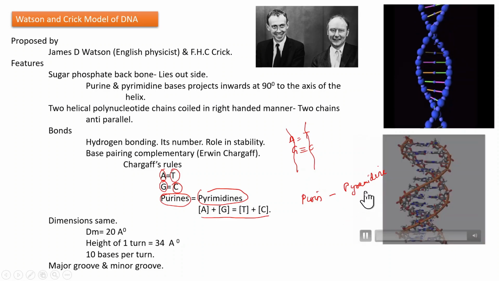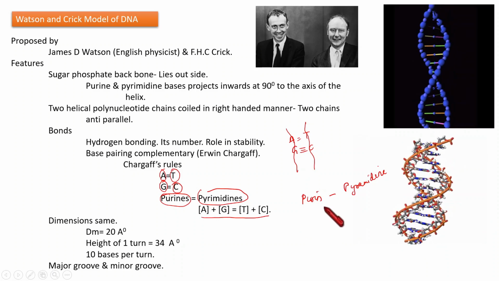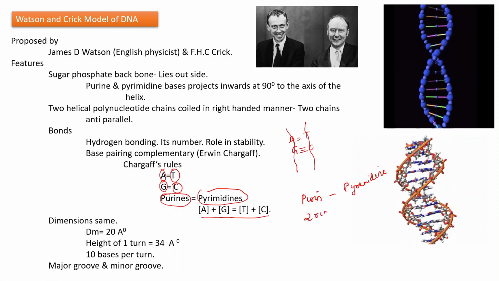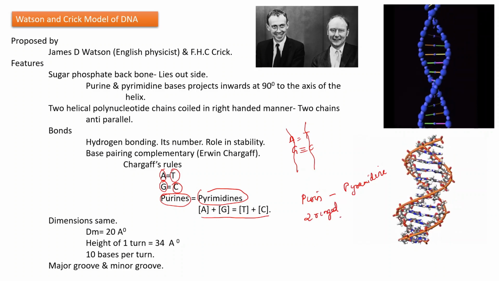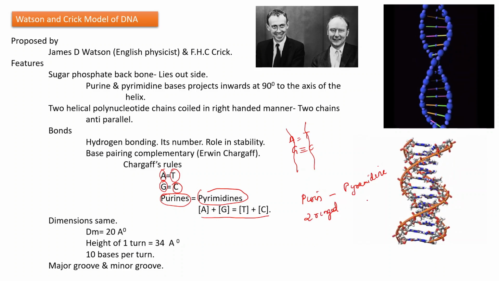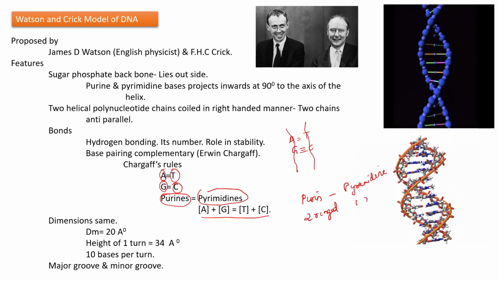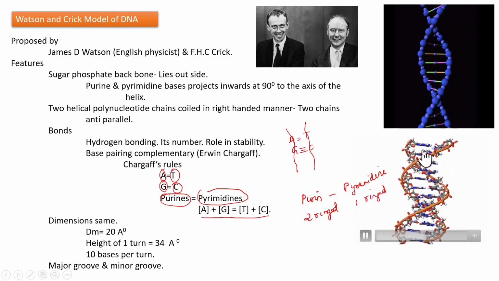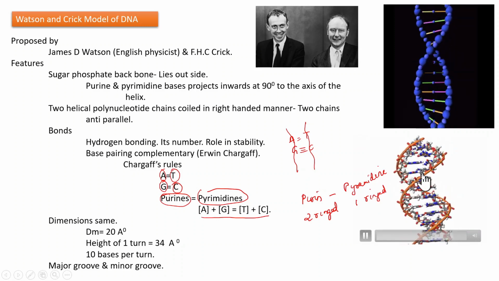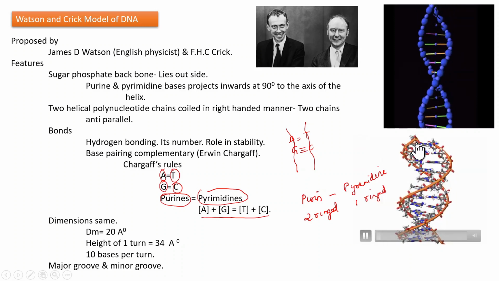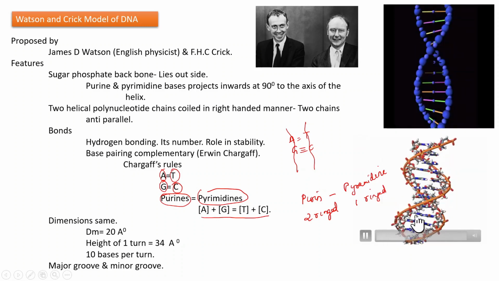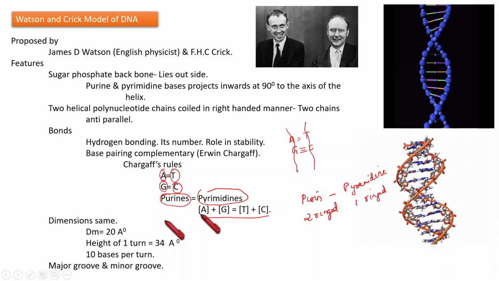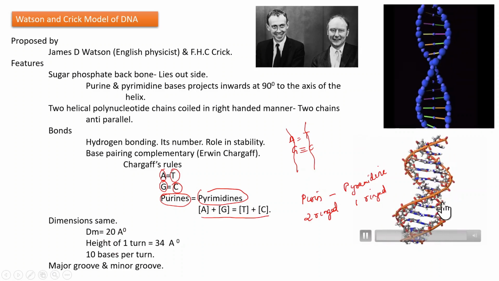The purine is a two-ringed structure and the pyrimidine is a single one-ringed structure. In that way, the DNA can maintain the same diameter from its beginning till end. So what is the diameter of the DNA?